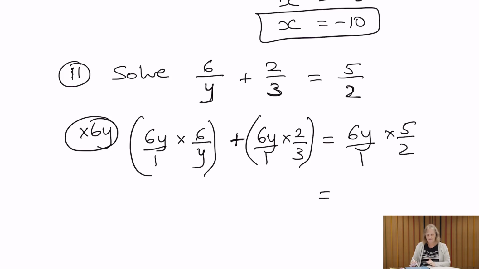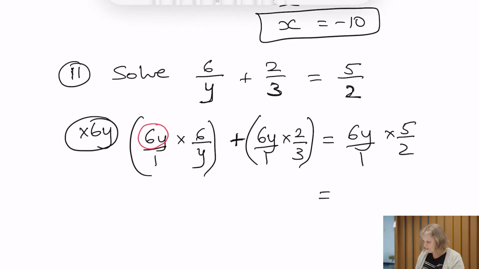If we look at the first bracket, because we've got multiplication of fractions, if we look diagonally, we can simplify before we multiply across. What we have is 6y over y, so diagonally we've got y divided by itself, which gives us 1, but we've still got the 6 in the numerator.